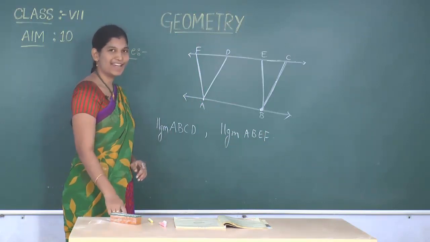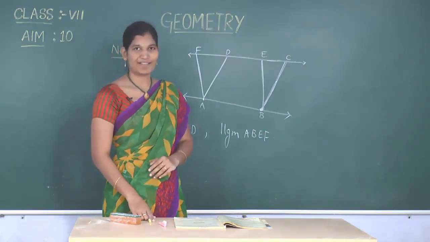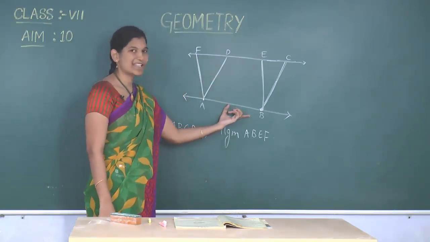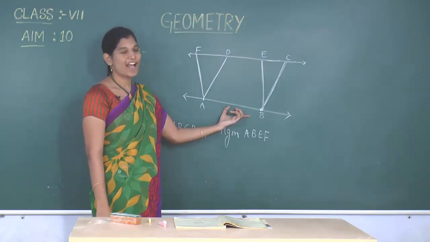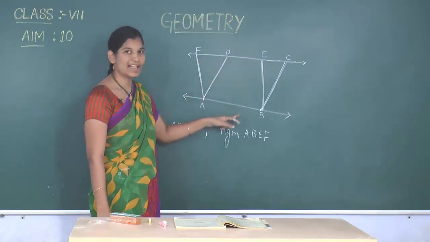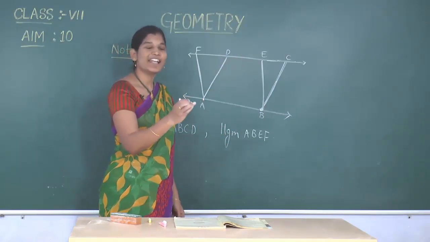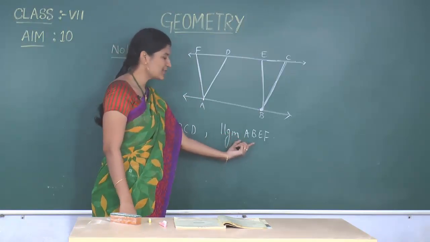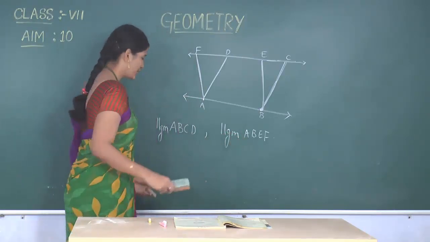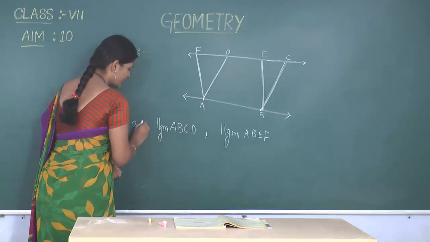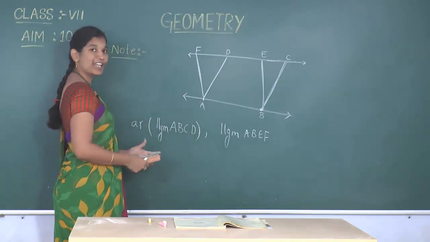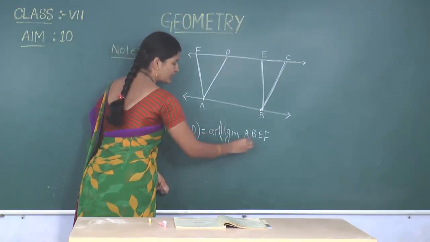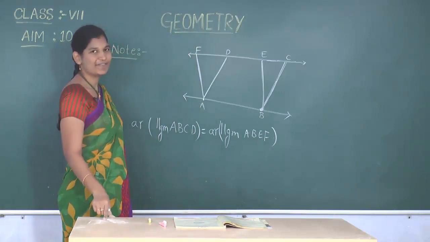What I am going to say is, if any two parallelograms are between the same parallel lines and have a common base, they are equal in area. Means area of this parallelogram is always equal to the area of this parallelogram. Now let me write area, shortcut form AR. Area of parallelogram ABCD is equal to area of parallelogram ABEF.